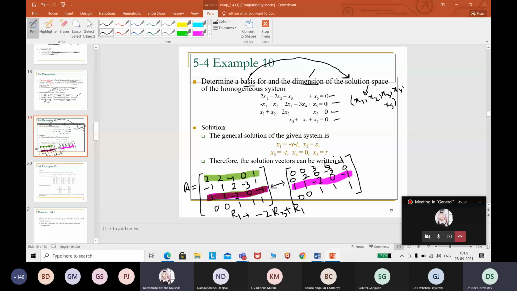Yes, ma'am, it's 3. Sorry, I thought it was multiply 4 with minus 2 and add. Correct, no? Yes, ma'am, it's 0, correct. Okay, now 3 is 0. Can we reduce the rank?